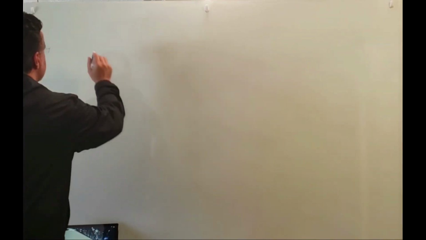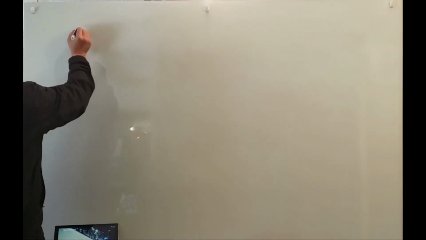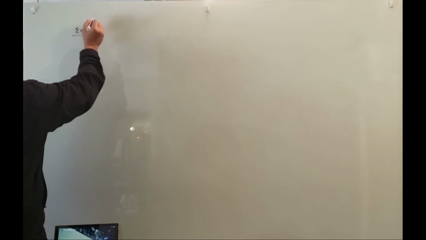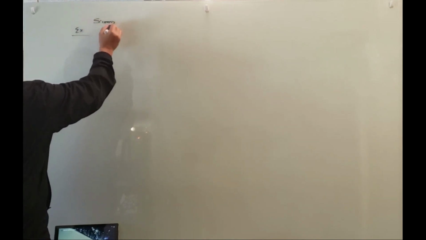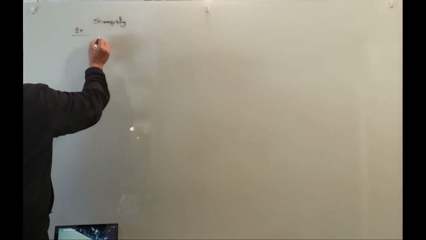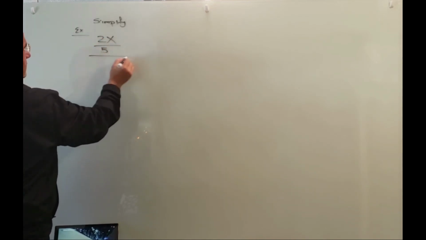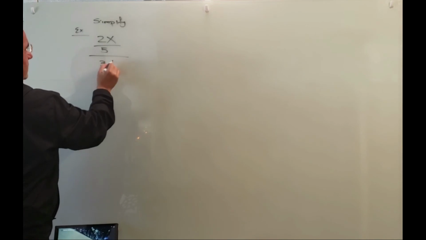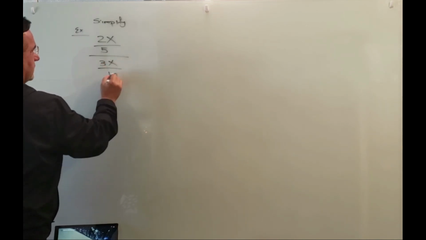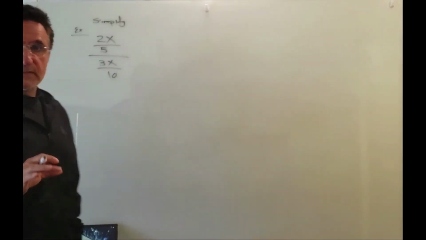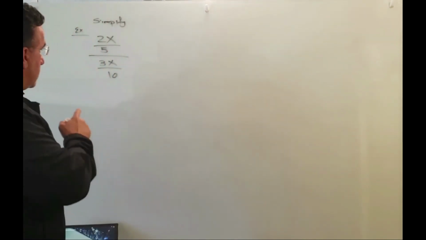This time we can bring in some variables. For example, of course the instruction for all of these is to simplify. So let's say we have 2x over 5 over 3x over 10. We can use the same useful shortcut with something like this.